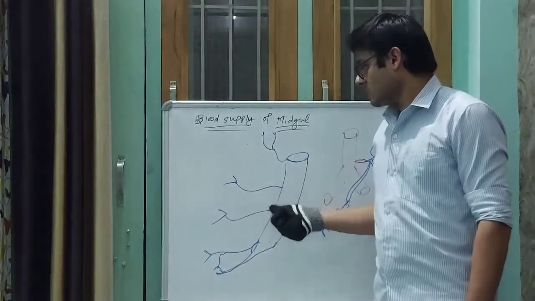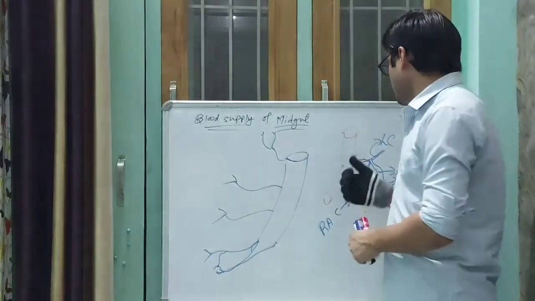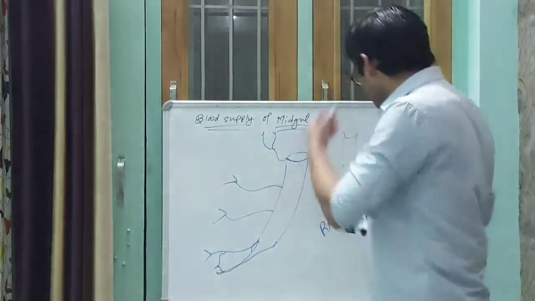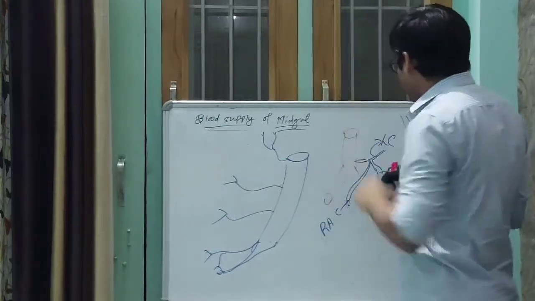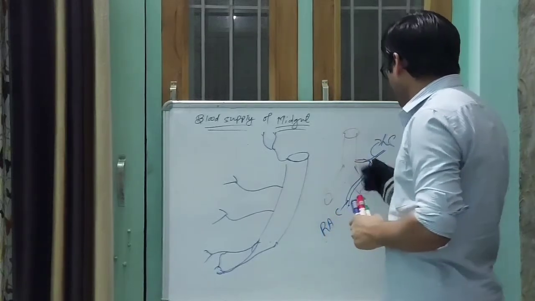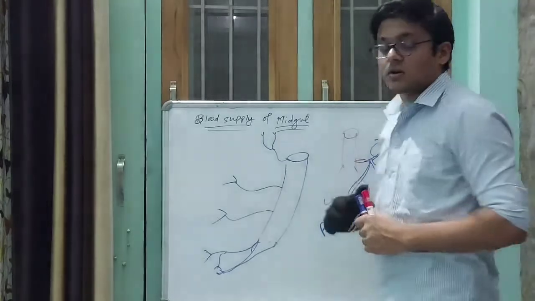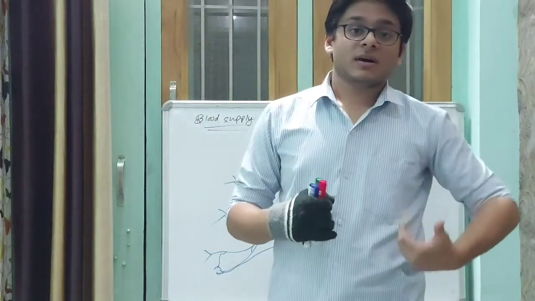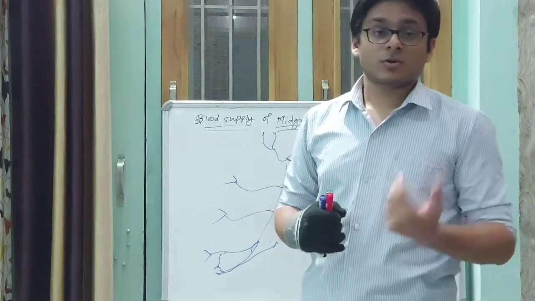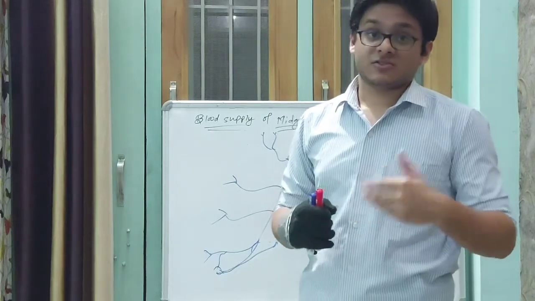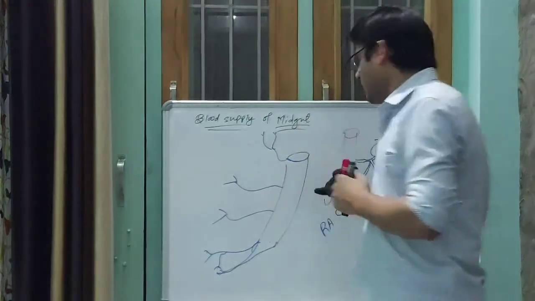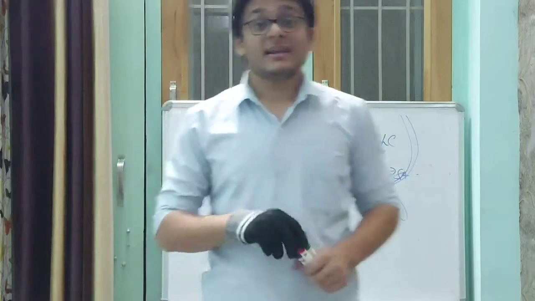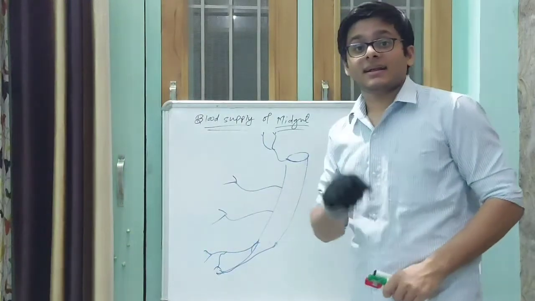It supplies basically the hindgut, and its clinical correlation is very important, because whenever there is compression in the region supplied by the inferior mesenteric artery, the blood supply to the hindgut is hampered, and we do not want the cells to die and necrosis to occur. So we need an alternative blood supply to the hindgut in case the inferior mesenteric artery is blocked.